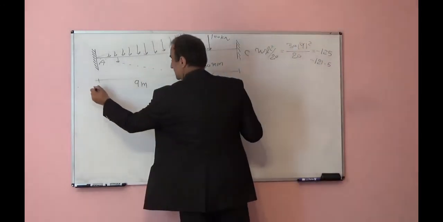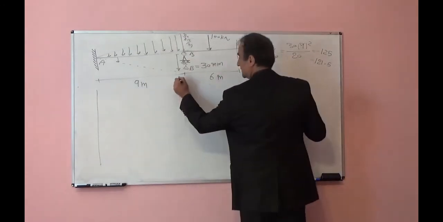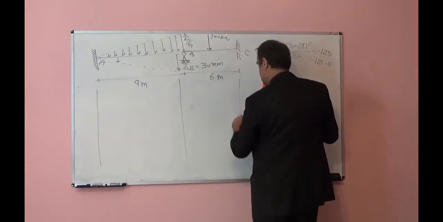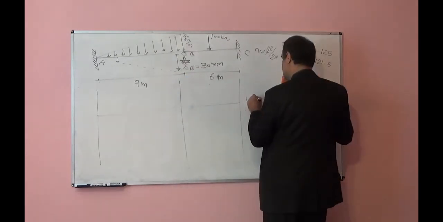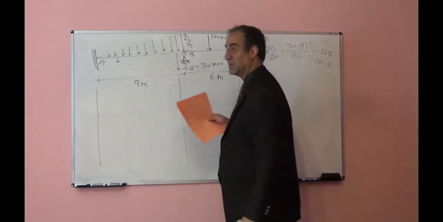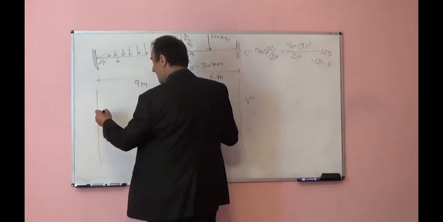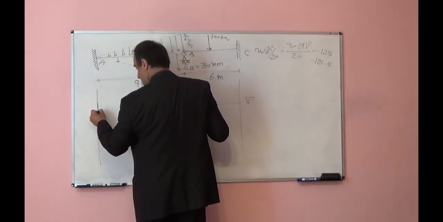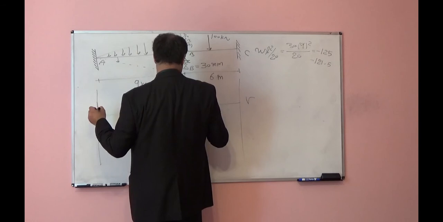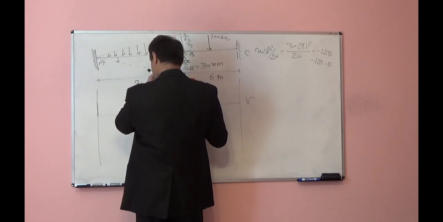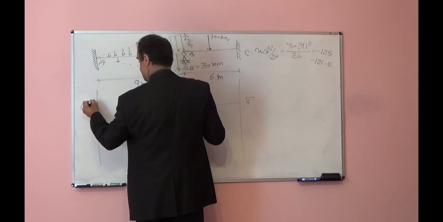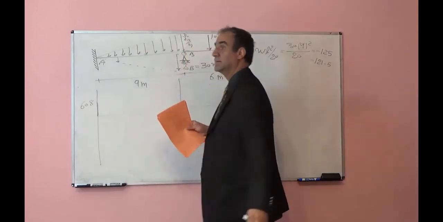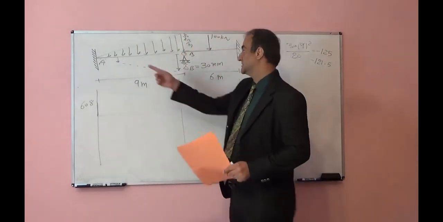So, shear diagram: as much as the reaction at point A, VA, we will move up. This will be 60.8. Then this is linear.